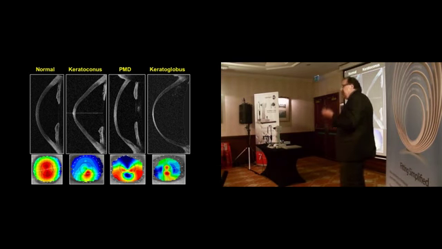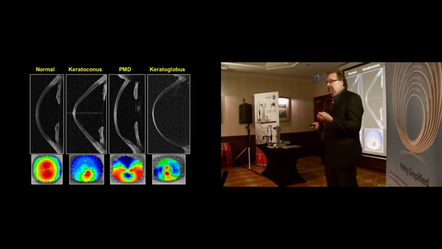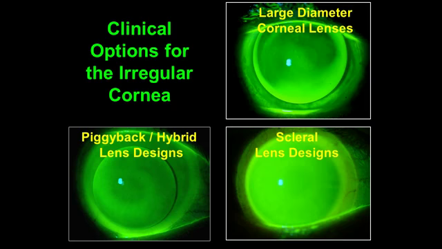When a patient sits down in front of you with an irregular cornea, we actually have three good clinical options for them. Number one is our standard go-to lens, and that's always going to be a large diameter corneal contact lens.